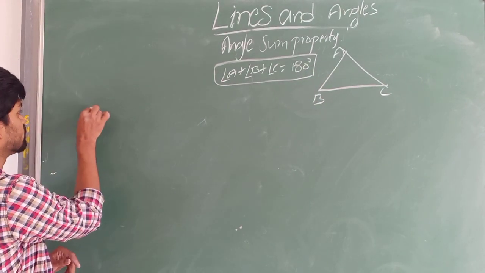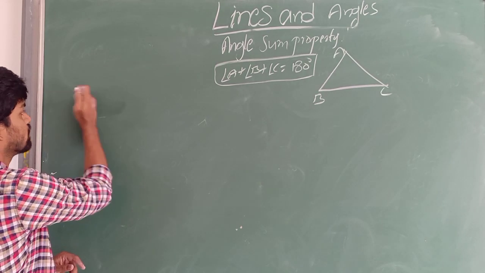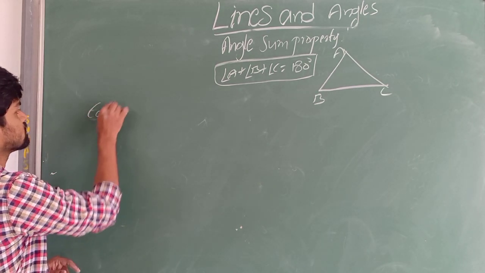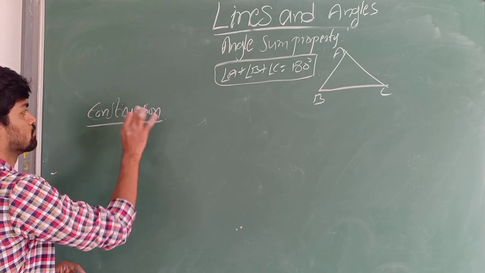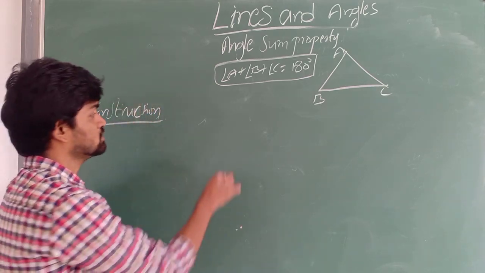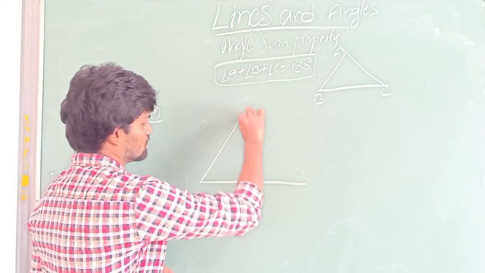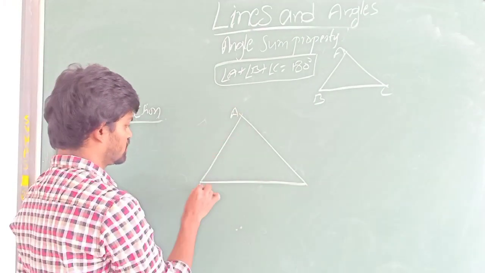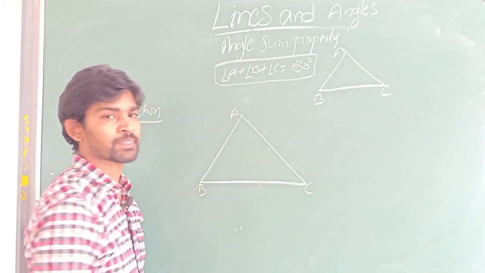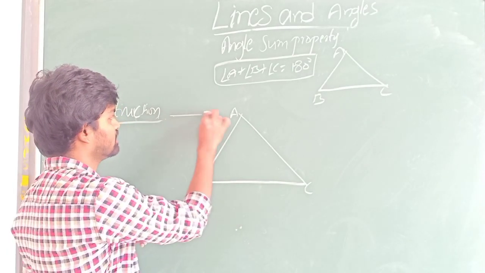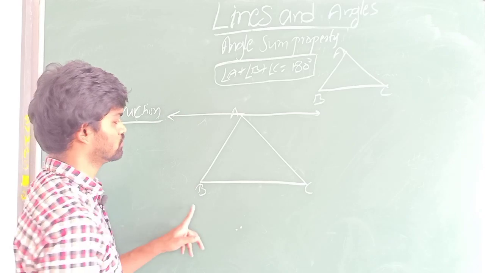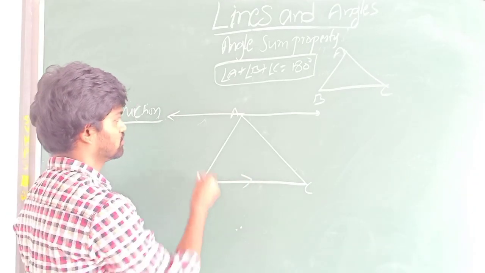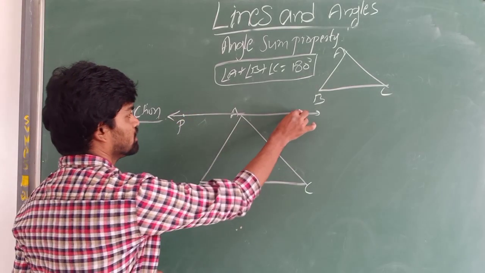Now we will prove it. I will do some construction. Draw a triangle ABC and construct one line parallel to BC, and name it PQ.